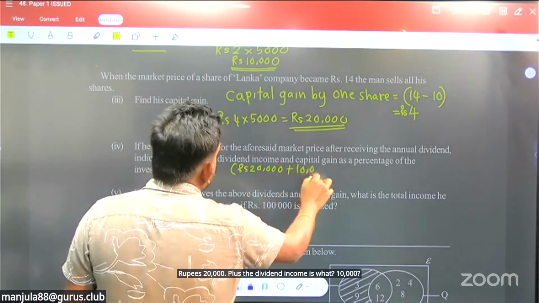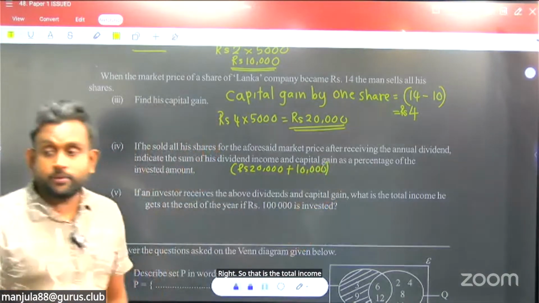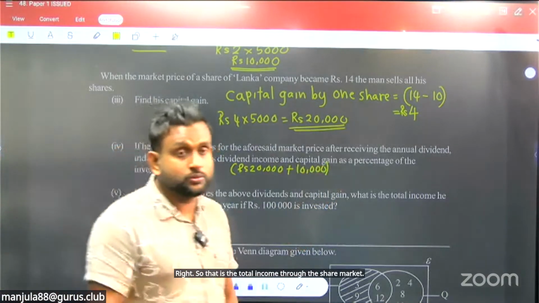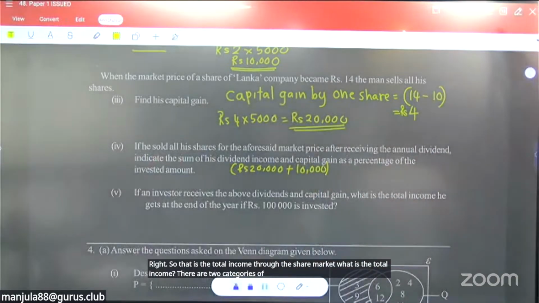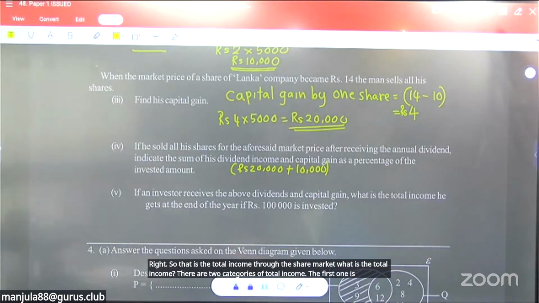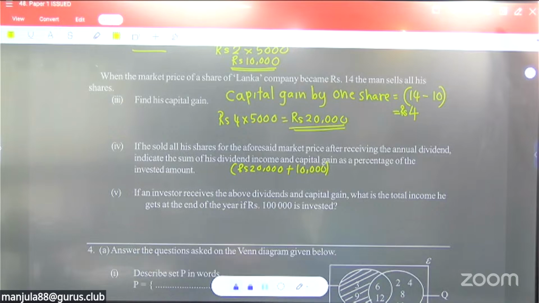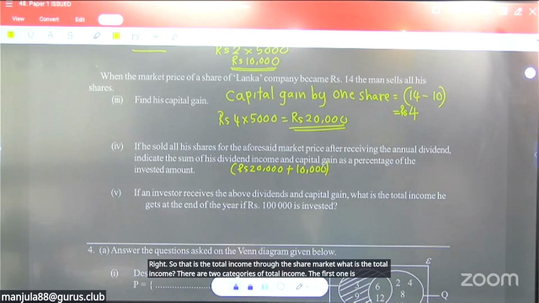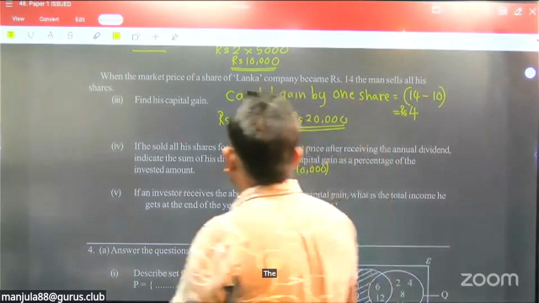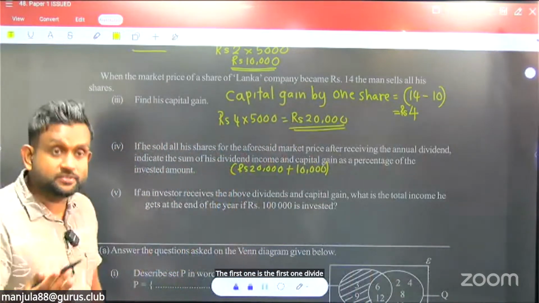So that is the total income through the share market. There are two categories of total income. The first is the dividend income. The other one is the capital gain.